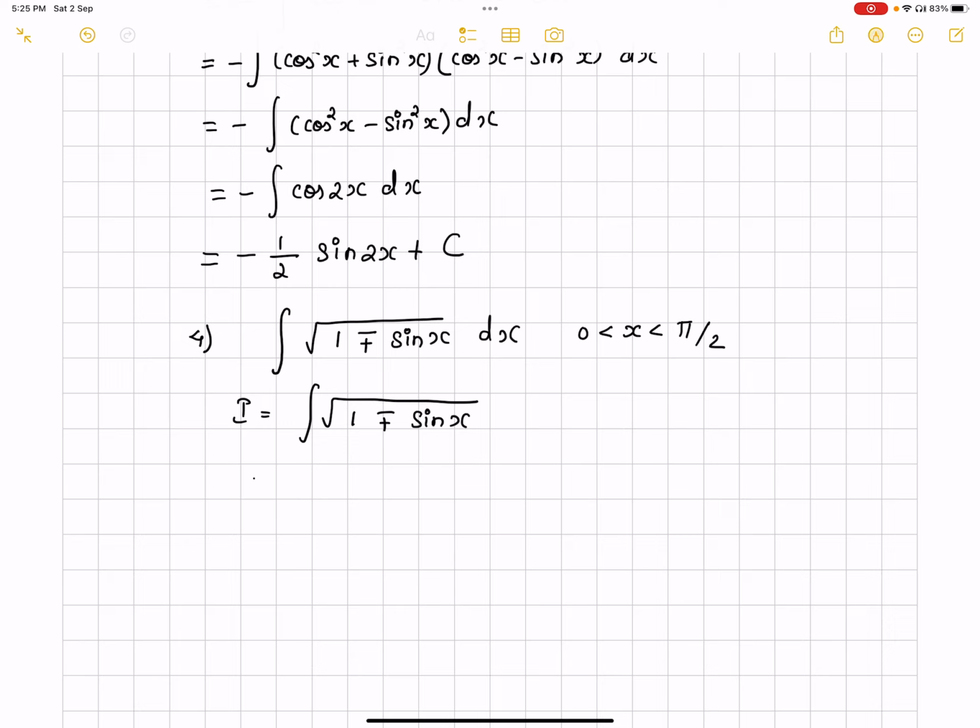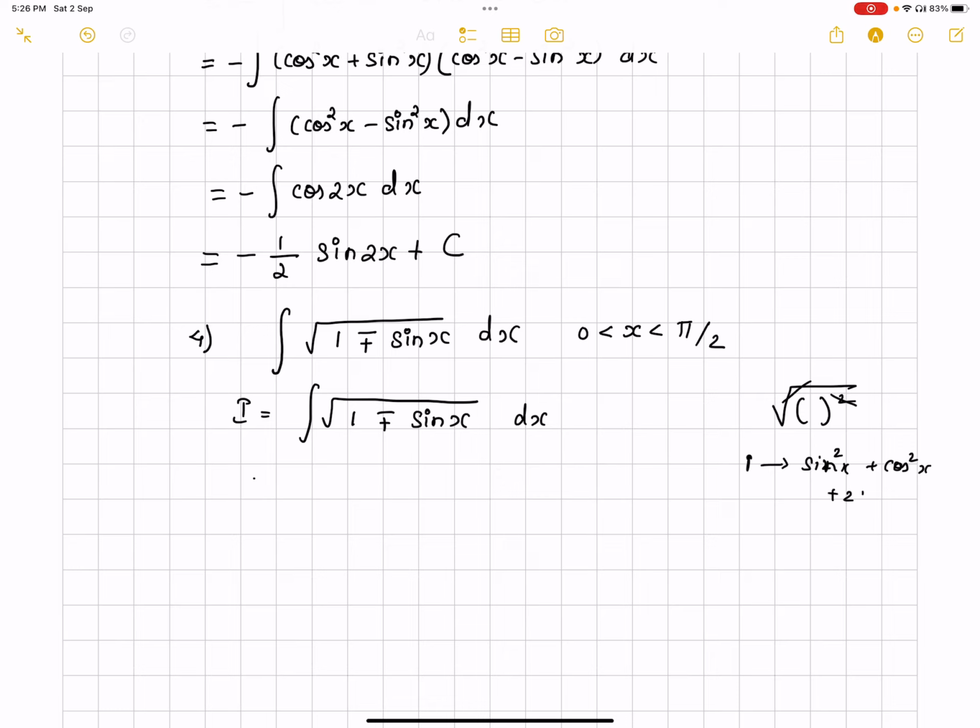But before we do that, when I need to remove a root, I need it in this format so that the root would get cancelled. But do I have it in that format? If I'm introducing 1 as sine square plus cos square, okay, that's done. But I have sin x.